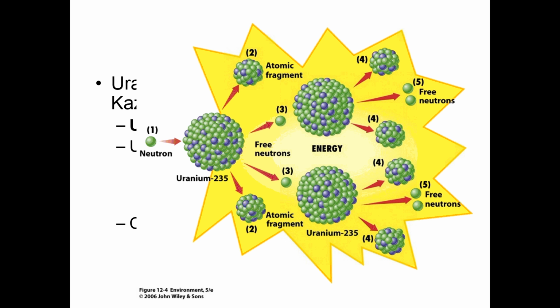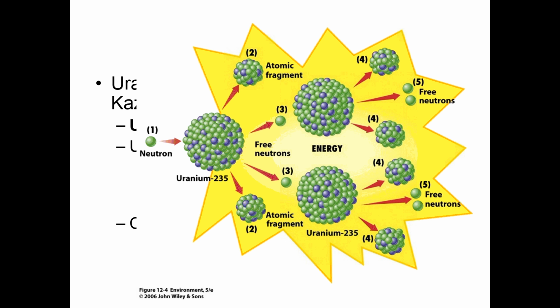And so every time a uranium atom splits, energy is released, and that's the process of nuclear fission. So this is a chain reaction. We said that we have to use uranium-235 because it carries on the chain reaction. It is fissionable. So this is a process that happens inside the reactor core of a nuclear power plant.